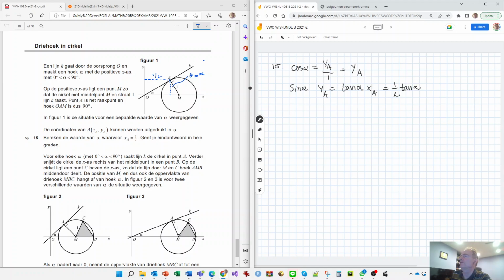So now we have two equations for ya and alpha. So let's just substitute this here. So we get the equation cosine alpha is 1/2 of tangent of alpha. Okay, it's actually not that difficult. That means the cosine of alpha divided by the tangent of alpha equals 1/2.